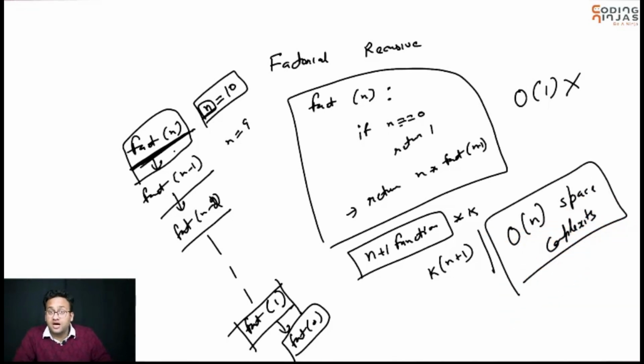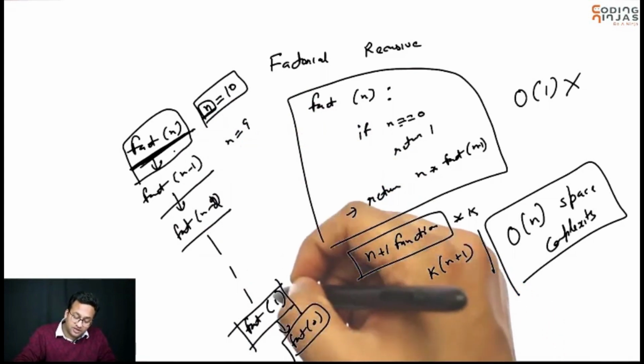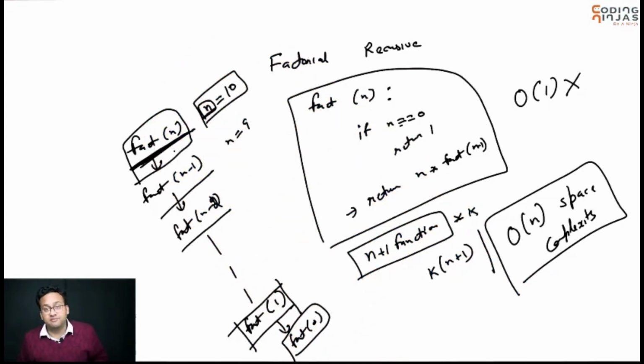right? And this is happening because you are using recursion, and recursion requires to store all these functions while they are waiting for the downward function to return back. Okay, so while they are waiting for these functions to return back, all of these have to wait in memory, and that requires space. So we have to be careful while we are calculating space complexity for recursive functions.